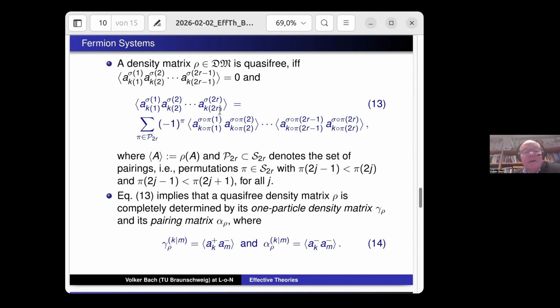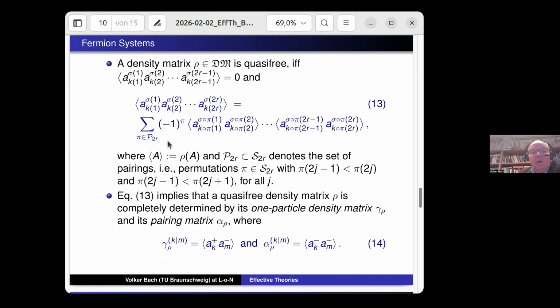So then the terms that occur here are easy to write down in a few lines. Anyway, the sum on the right side runs through a subset of permutations, the subset being the set of pairings. These are special permutations which have an order in the values of the permutation. So there are not so many as the full set.